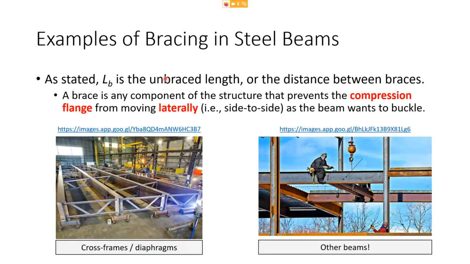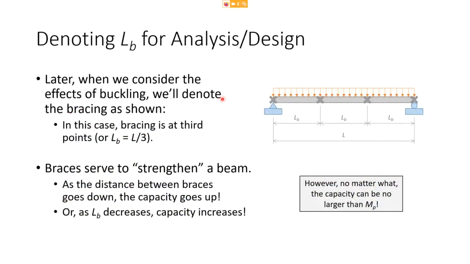Now, let's talk about some notation. Later on, we'll look at bracing scenarios like this. For instance, let's say I have a beam that's simply supported and it has a uniformly distributed load on it.